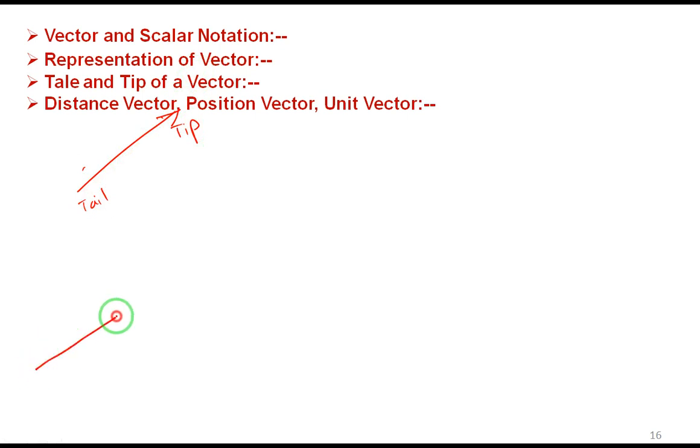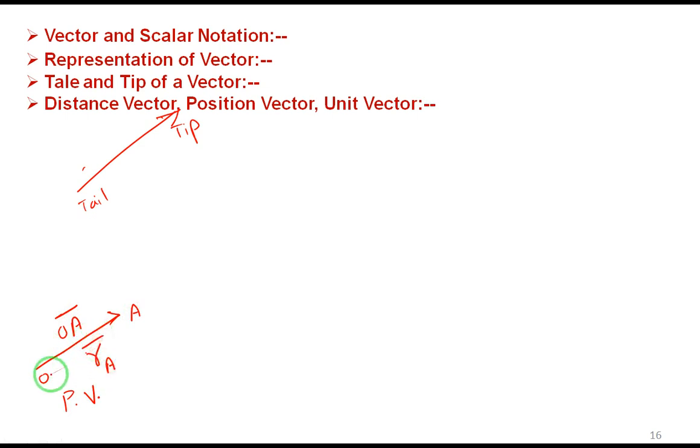Suppose I draw a vector. If one of the points is the origin and I have any point in space, then this is the position vector. Always one point will be the origin for the position vector, and I can write it as the OA vector, in order, or else simply the small letter r with subscript A.